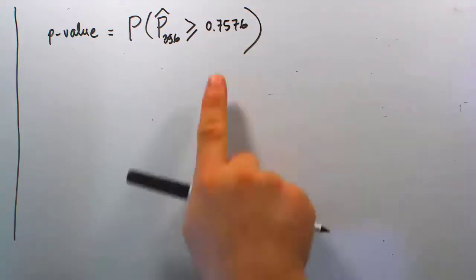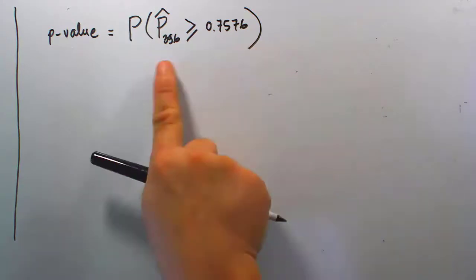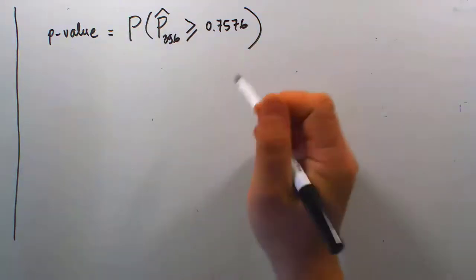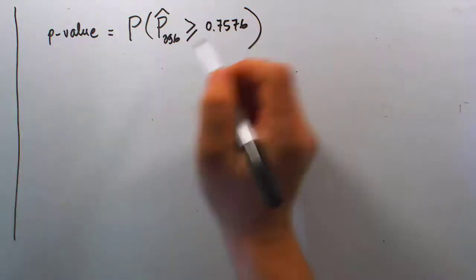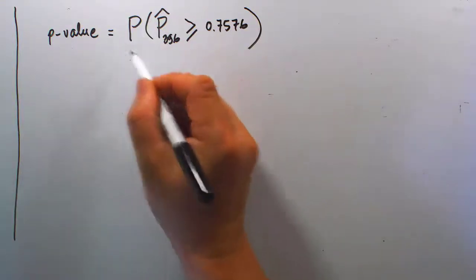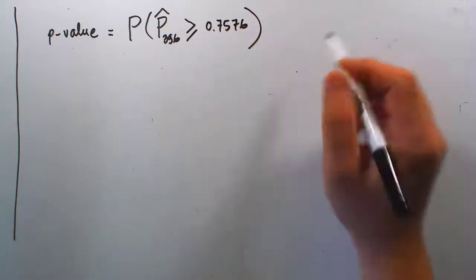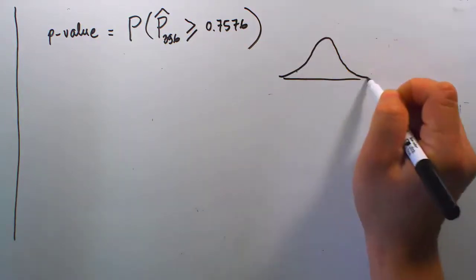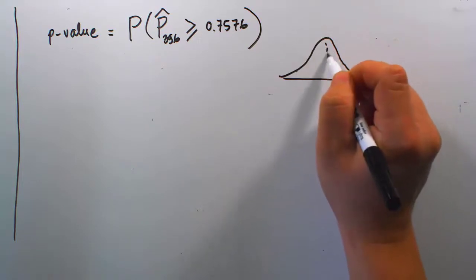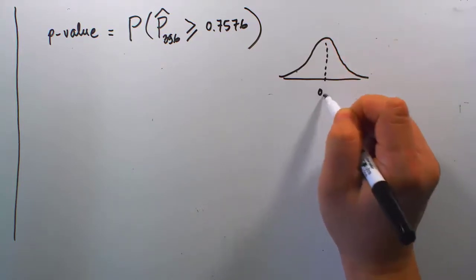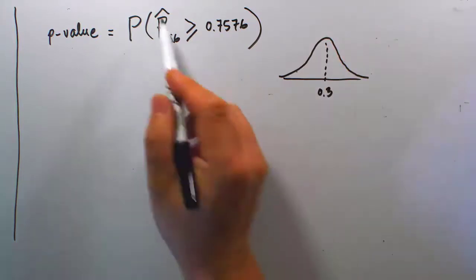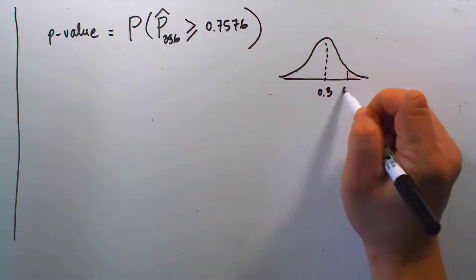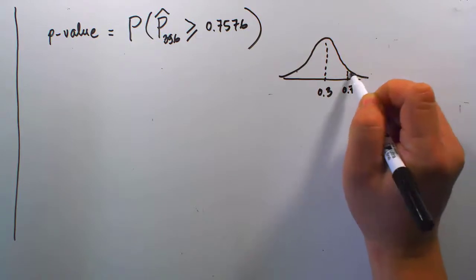And since now, after seeing a lot of explanations, clearly this problem is a problem on the bell curve. And so this probability on our current bell curve of sampling proportions of size 396, centered at 0.3, is equivalent to the area shaded to the right hand side of 0.7576.